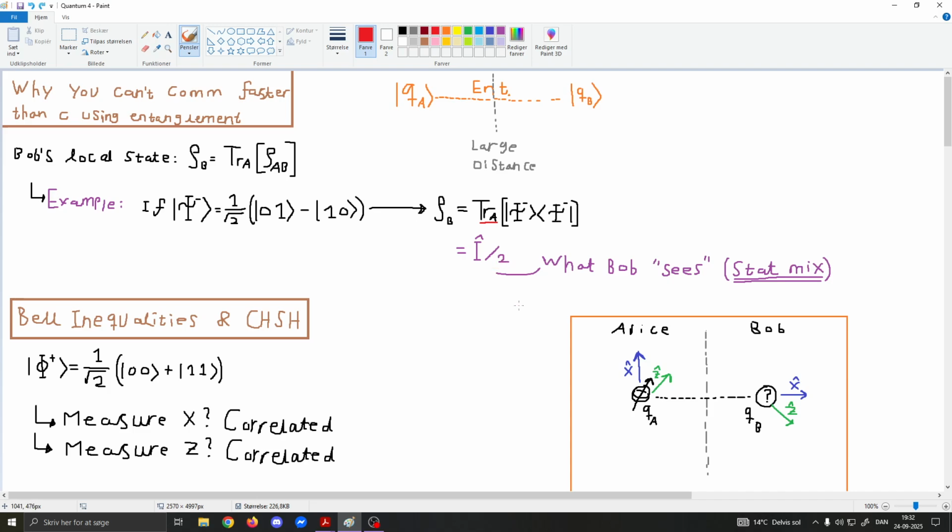Now, this doesn't seem like that much, but it actually holds a little more meaning than we think. Because this is a density matrix described by the identity, that means that in our two-dimensional system, let me just write up Bob's density matrix.